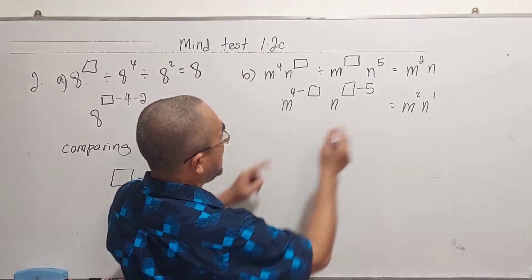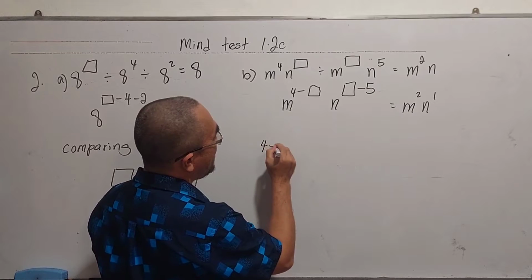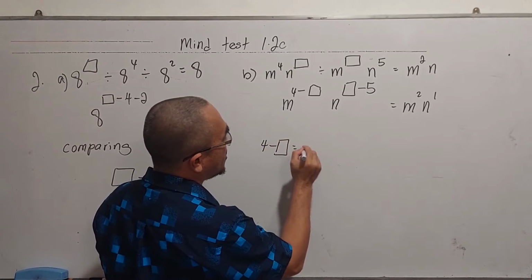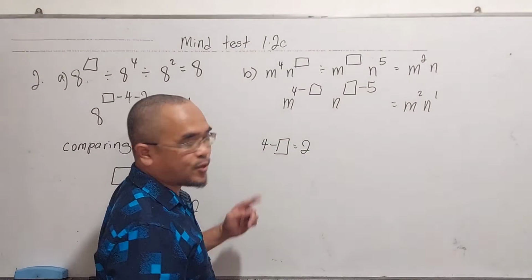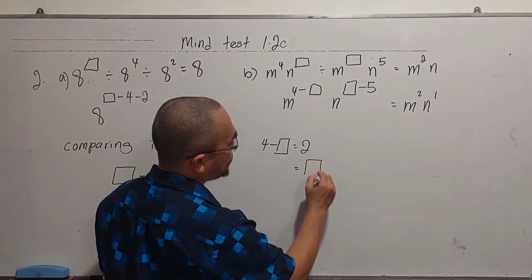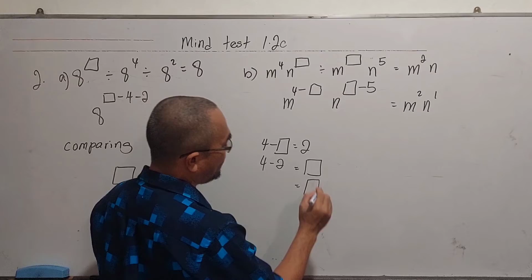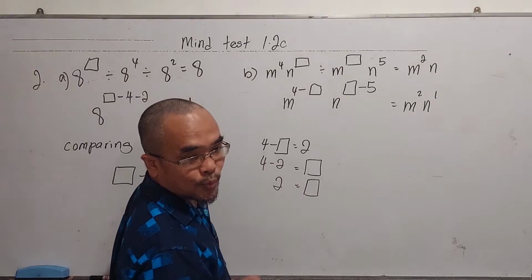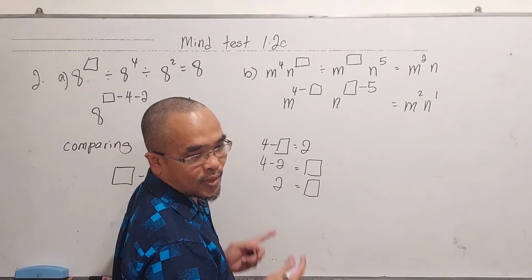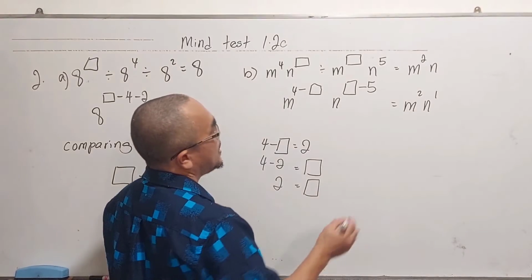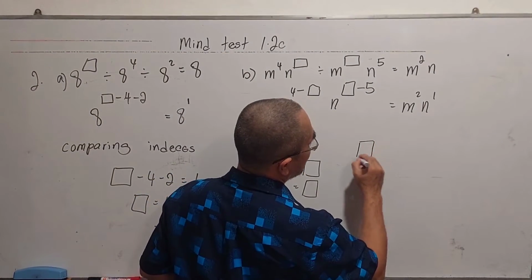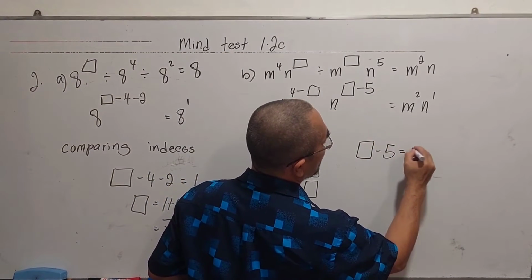For m, we have to say 4 minus box equals to 2 and solve. I'll bring the box to the right. So we have 4 minus 2. The value for the box will be 2. Any question? Similarly, box minus 5 equals to 1.